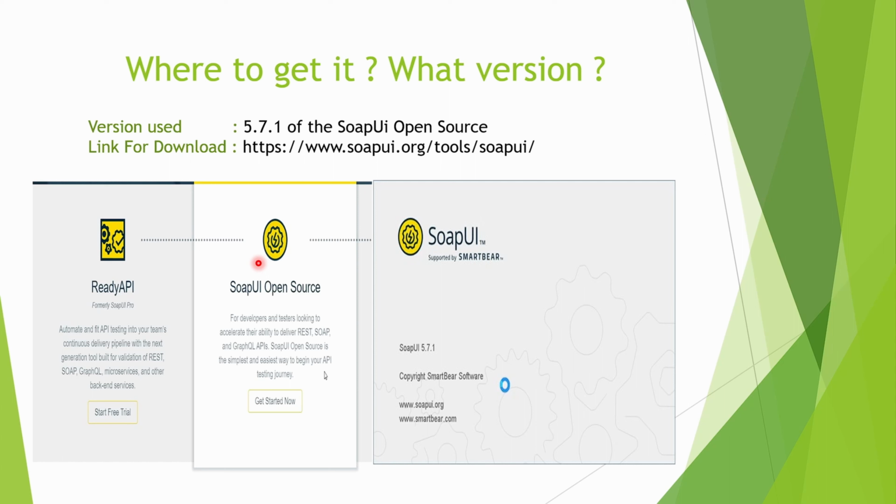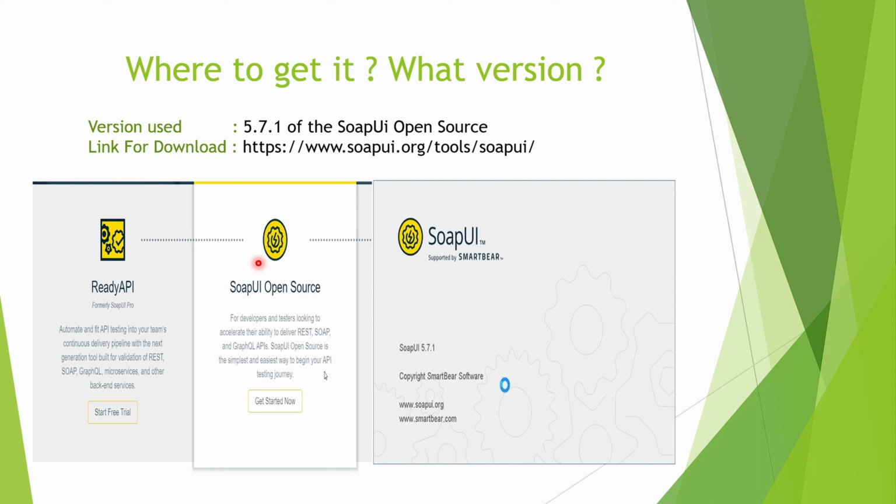The installation is simple. For people on Windows, it's just next, next, and that's it. You can keep all the defaults; it does not matter that much. On Linux, people can go and get SoapUI depending on their distribution.